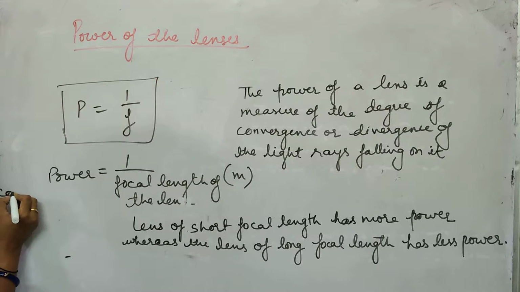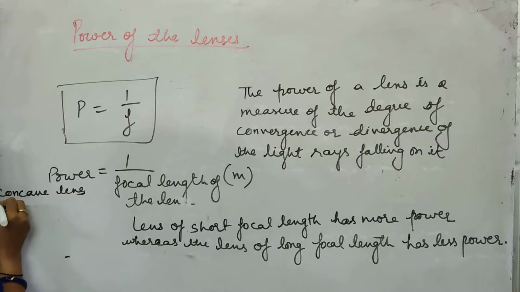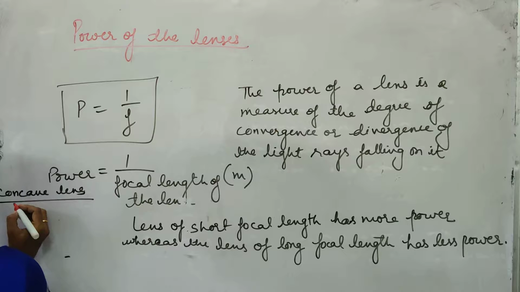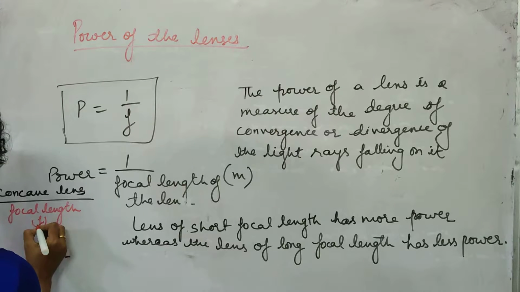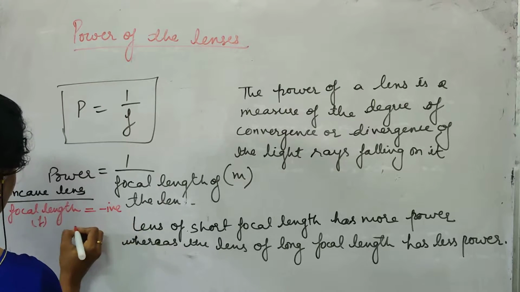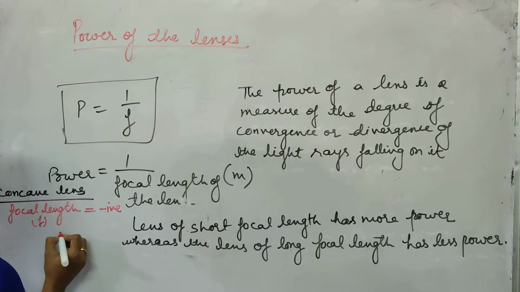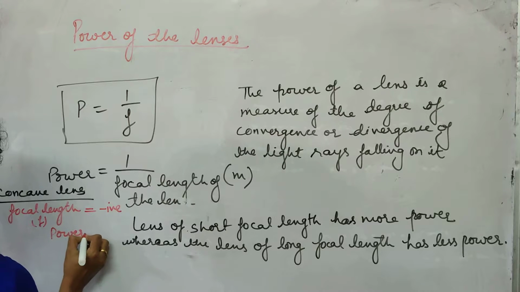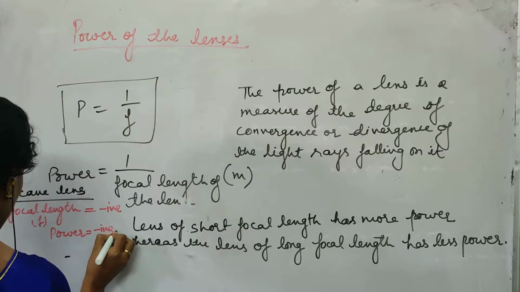Suppose I am saying for the concave lens, the focal length F will be negative, and so power will also be negative.